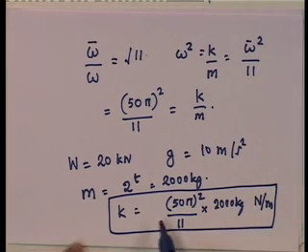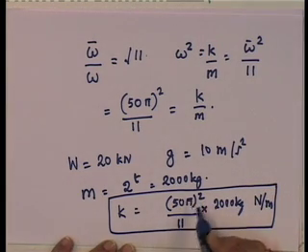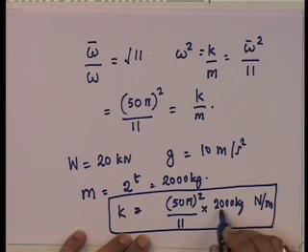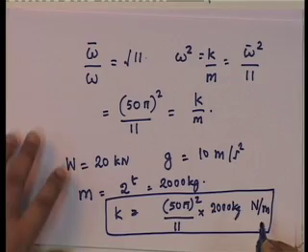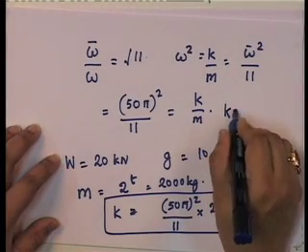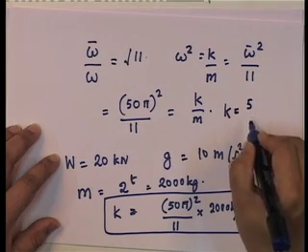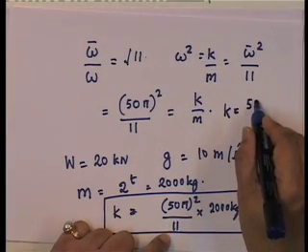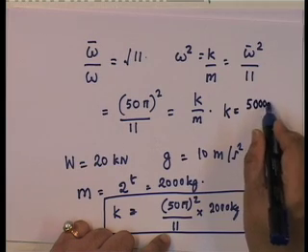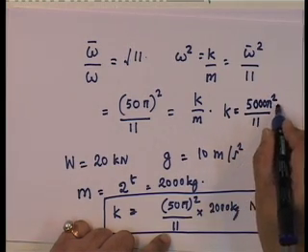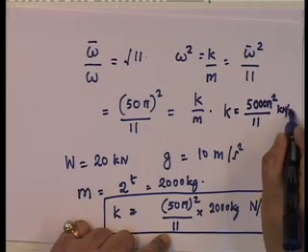Well, you can get the value. It doesn't really matter what this value is. If you look at it, you will see that this becomes kilonewton per meter, and this is 5000 pi squared. So, k is equal to 5000 pi squared upon 11 kilonewton per meter.